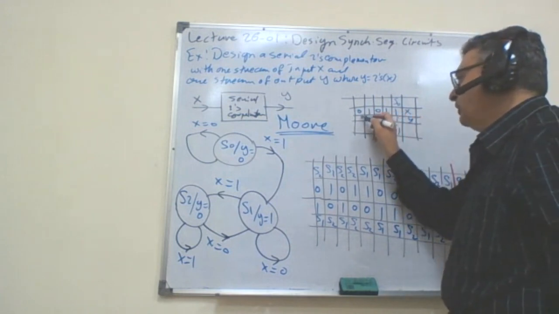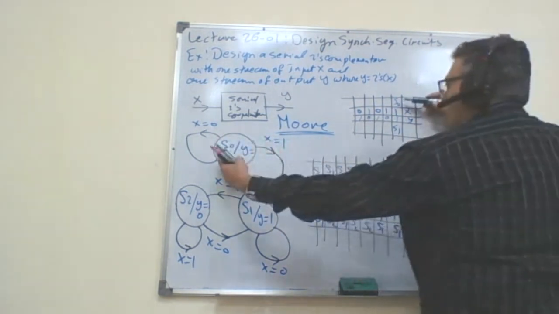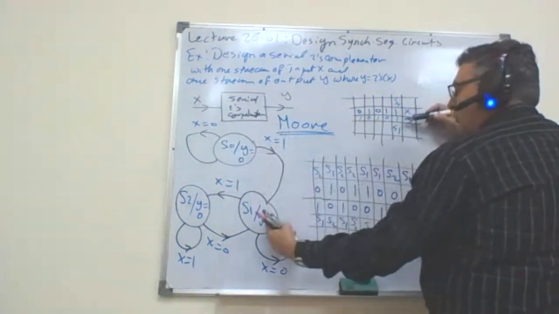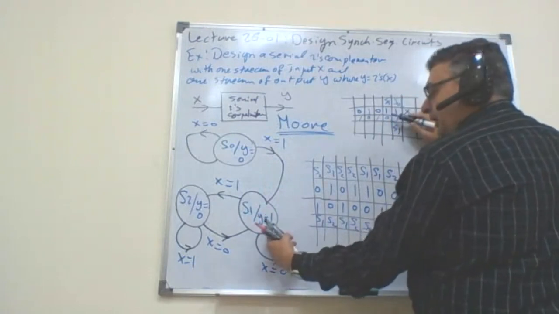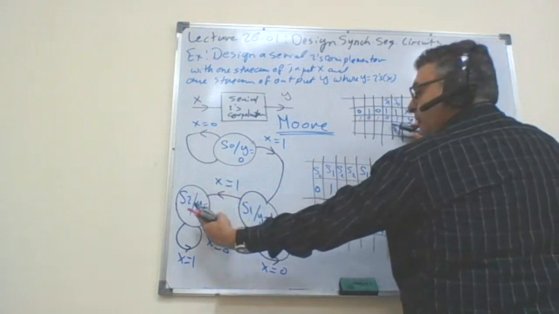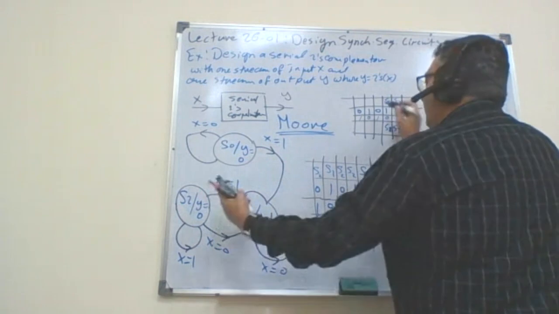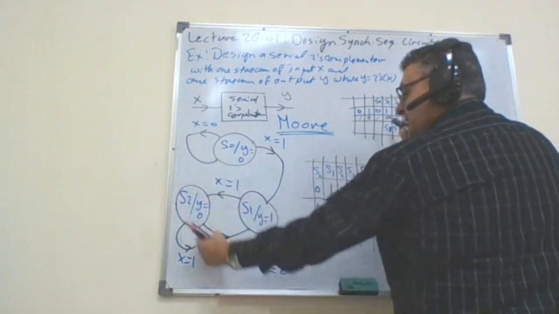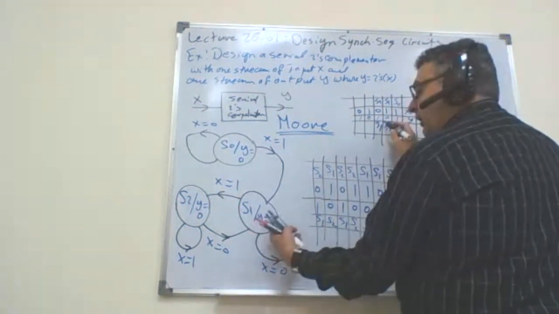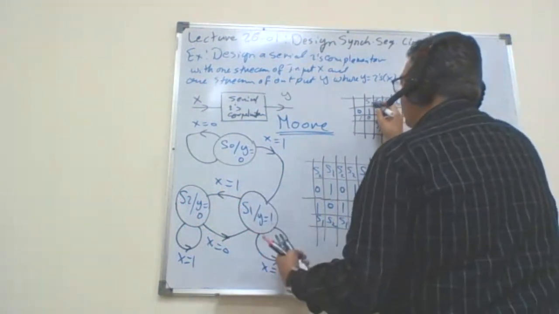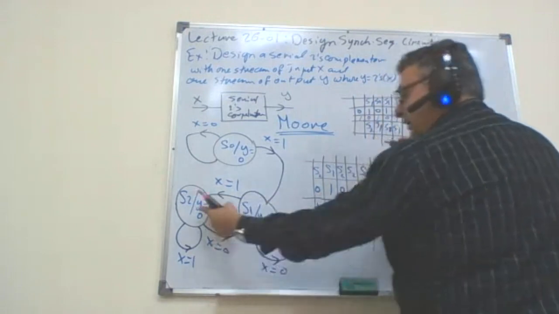This is what should be generated. Is this correct? Yes. I am in S0, x is 1, that means y is 1, and I'm now in S1. I am in S1 and x is 1, I will jump to S2 and what is y? Y is 0, correct. I am in S2, x is 0, I will go back to S1 and I will have the output y equals 1. S1 with 1, I will go back to S2, we will get y equals 0.